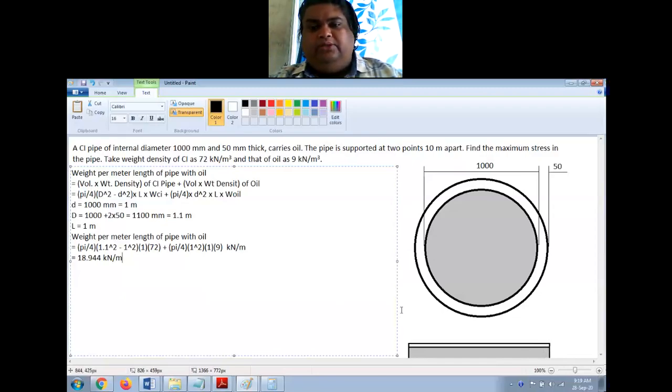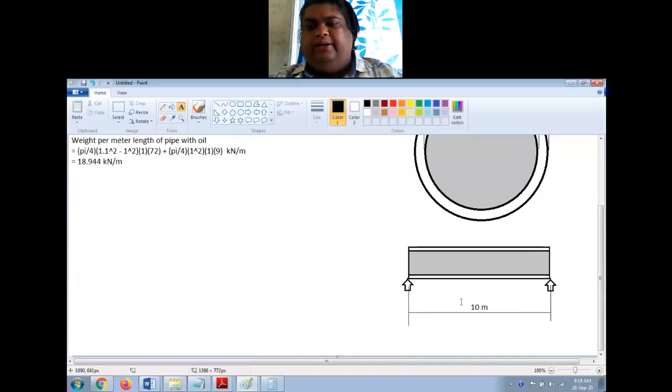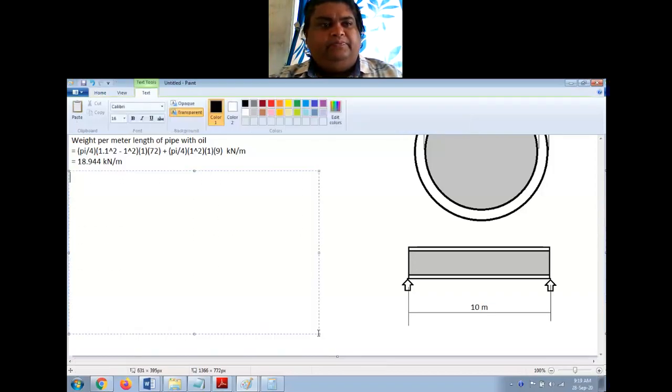So for a uniformly distributed load, the maximum bending moment is at the center of the beam, which is simply supported, and the maximum bending moment is given by, anybody remembers?